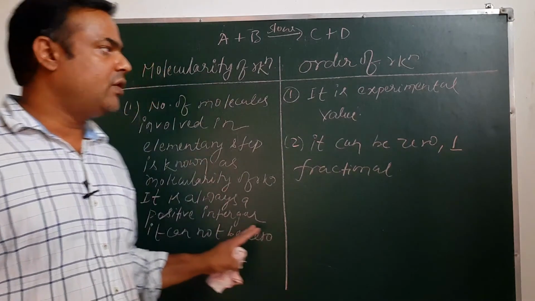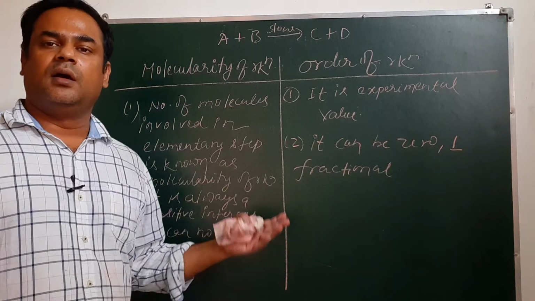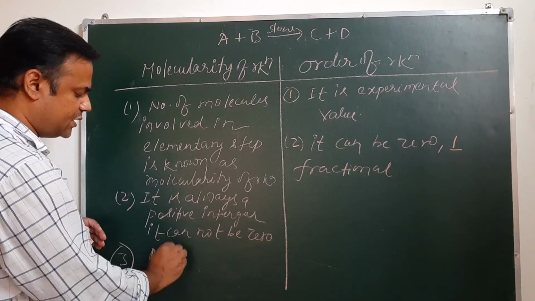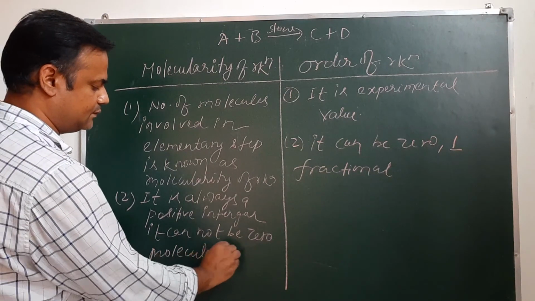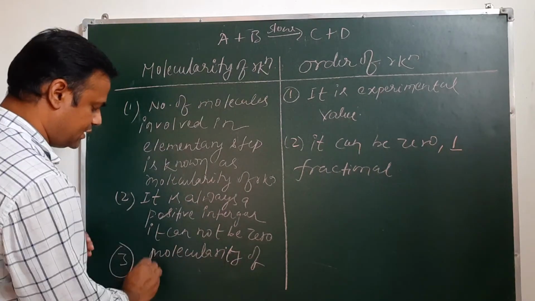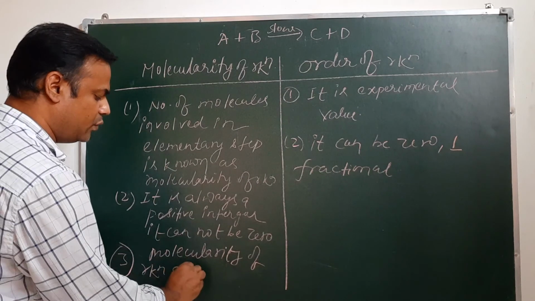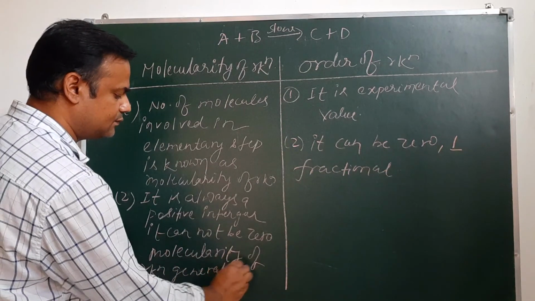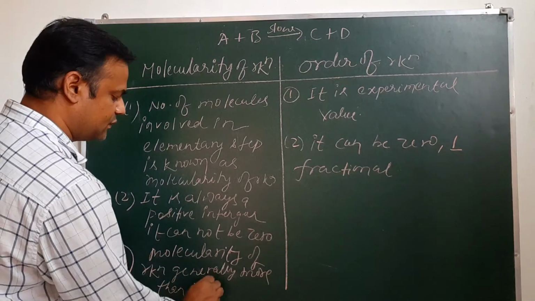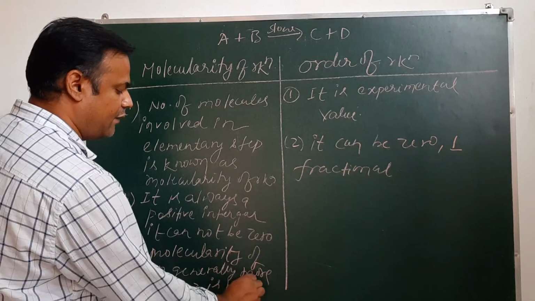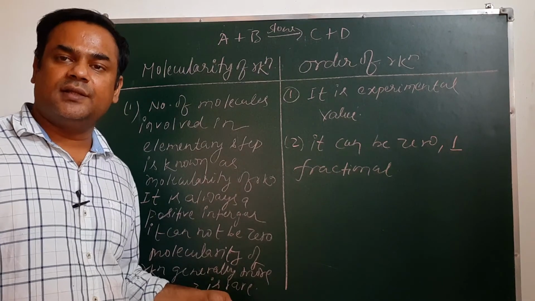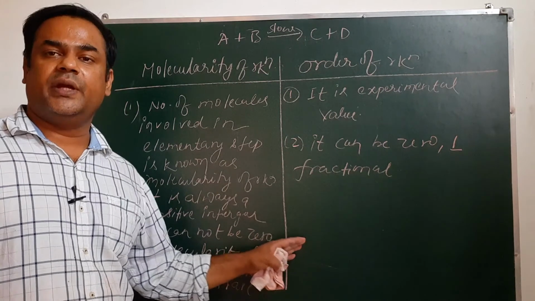Molecularity of reaction can be 3, 4, 5, but molecularity of reaction more than 3 is rare.